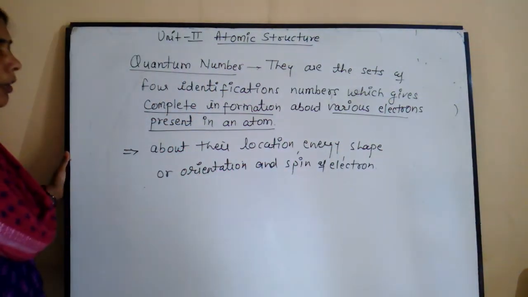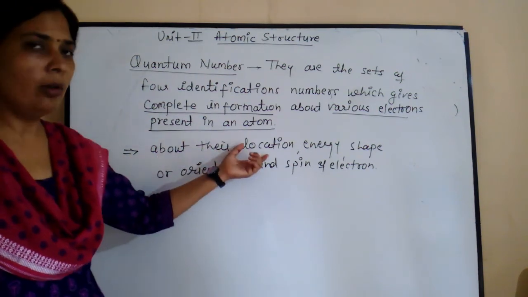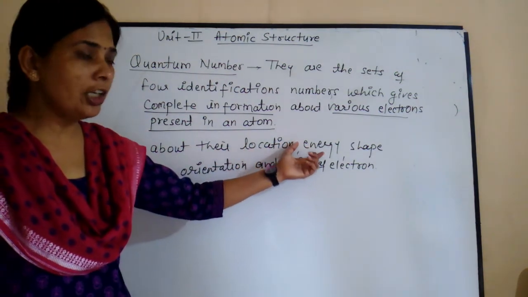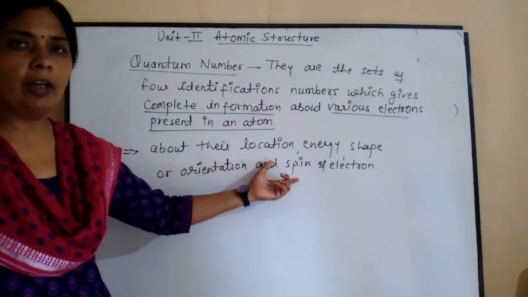So quantum numbers are four numbers which give the information of an electron about their location, their energy, shape or orientation, and spin.